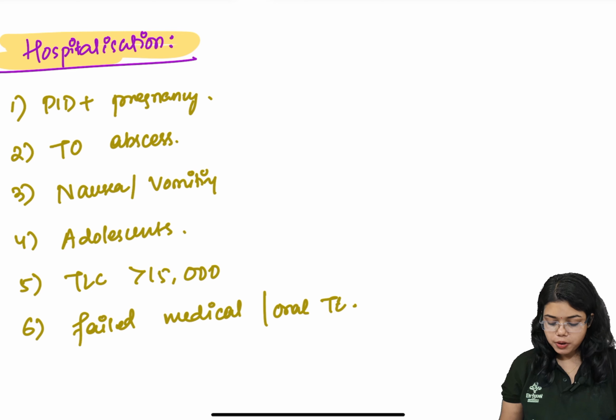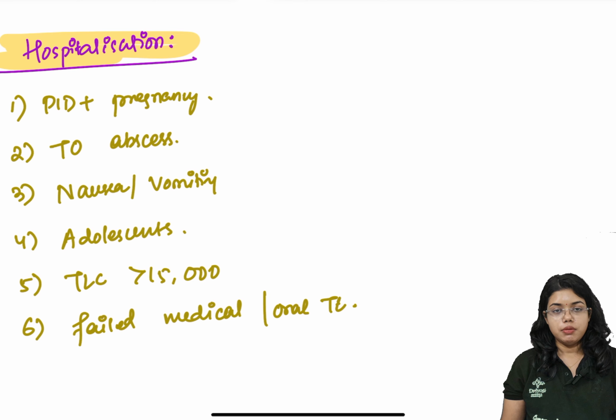If oral treatment has failed, or if there is PID with pregnancy, or if the TLC count is more than 15,000 and the patient is nauseating or vomiting and cannot take oral antibiotics, then we have to admit the patient. We have to resuscitate the patient, give adequate hydration, fluids, and injectable antibiotics, and then for further symptomatic management of nausea and vomiting, antiemetics will be given, and then we will wait for complete resolution.